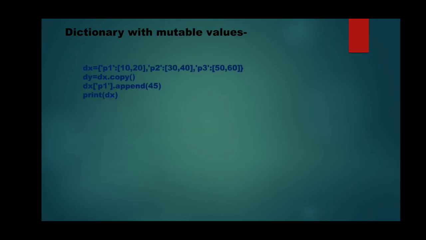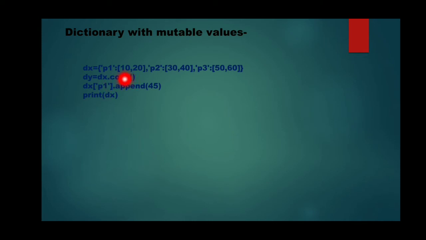Okay. Now if the dictionary contains mutable values, see, this is a dictionary DX. It contains 10, 20, a list. A list is considered to be mutable. This is another list, 30, 40, and this is another list, 50, 60. So I have created a shallow copy dy of this DX dictionary. I have written dy is equal to dx dot copy. Now I have written dx p1 dot append 45. That means in the key p1 I am adding one more value.